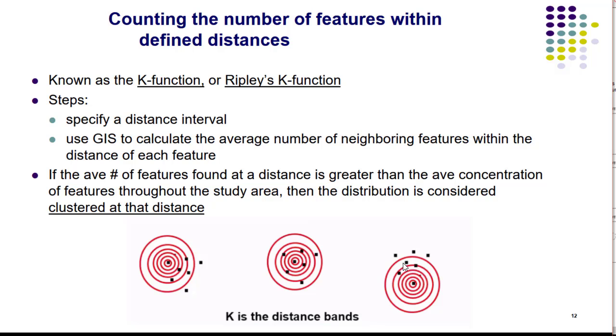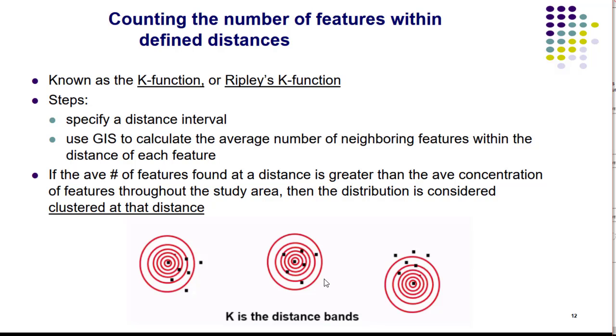And they're looking at how many particular neighbors or features are within these different bands. So again, these black points, it's the same distribution. And now I'm just showing that with these distance bands for this point, this one's for this point, this one's down for this point. So as you can see, as you go around these different distance bands, there's more or less points within this complete extent.